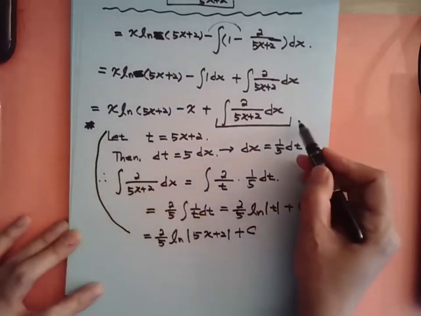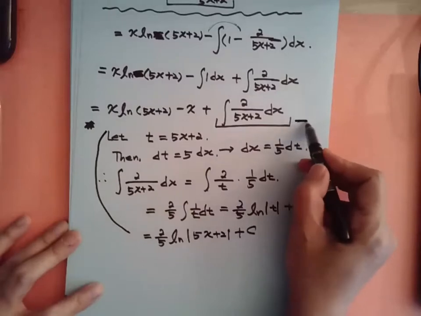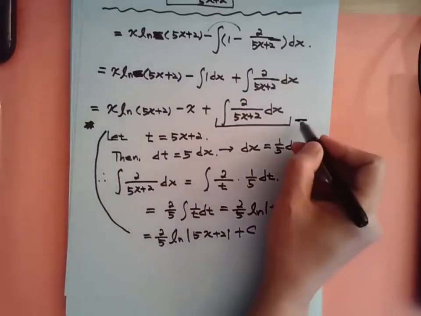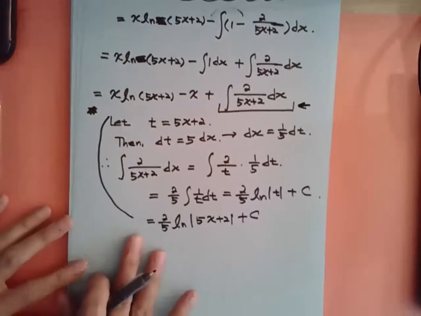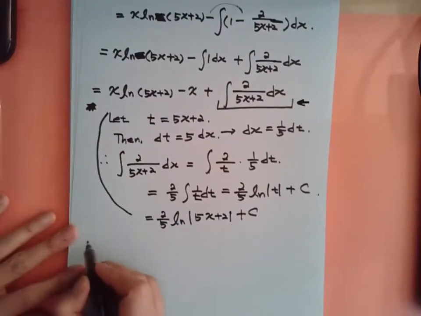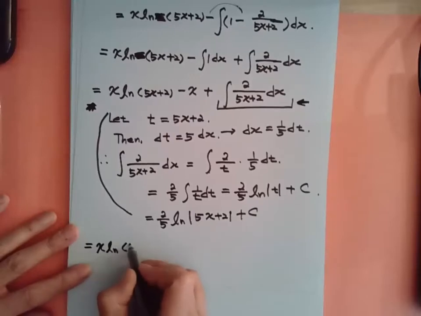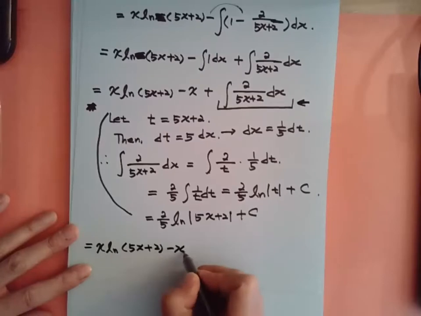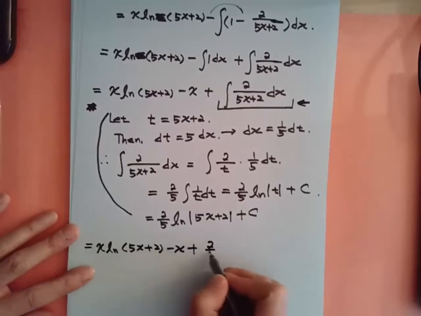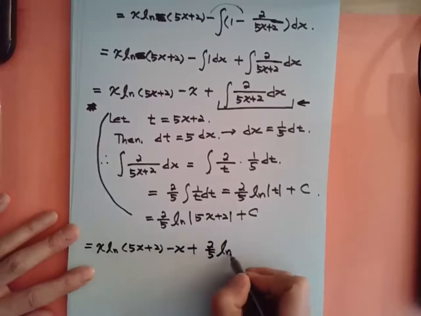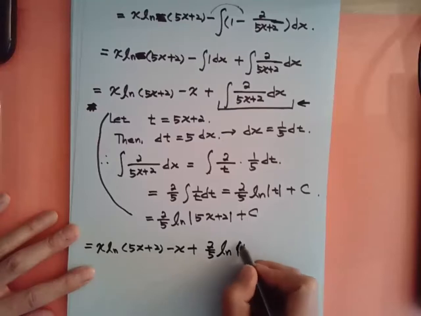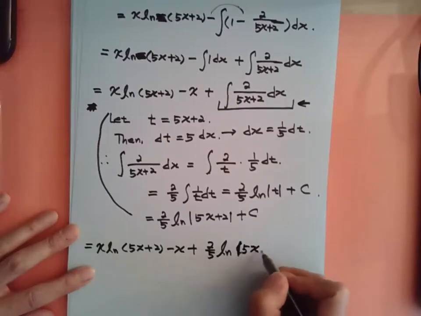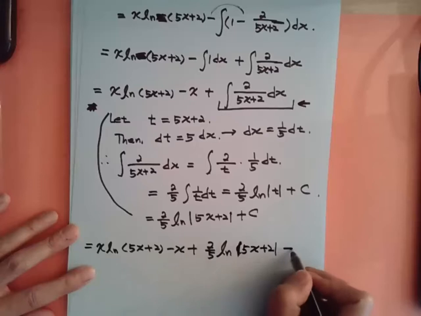So we worked out this part. So the final answer for the question is x times natural log of 5x plus 2 minus 2 over 5 natural log of 5x plus 2, plus c.